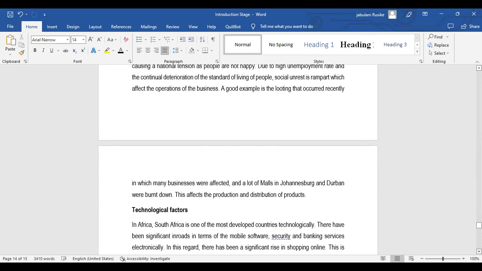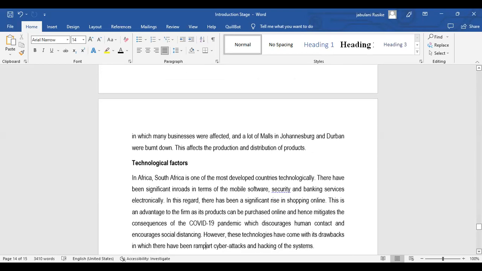So these are some of the social unrest that happens, especially when people are not happy about whatever is happening. An organization cannot control it. It's beyond its control. So it then impacts the operations of the organization, right?